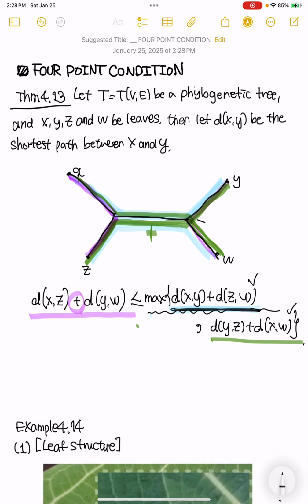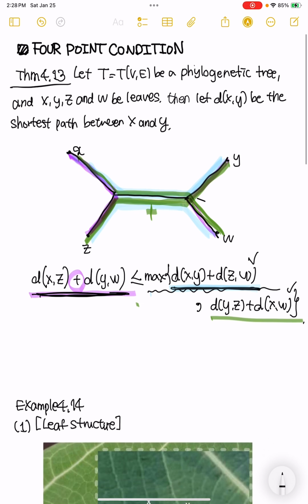These two values are always greater than or equal to the sum of the purple distances. Visually that would be trivial.